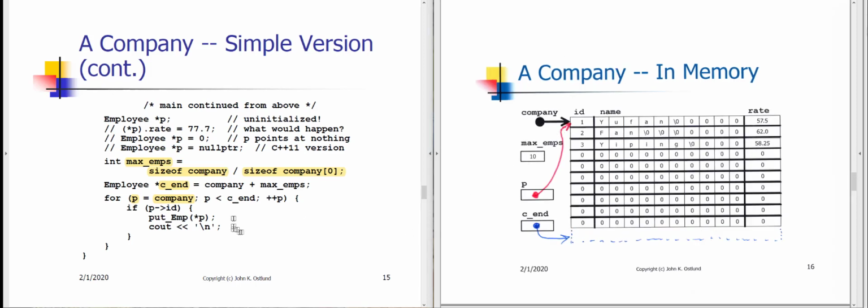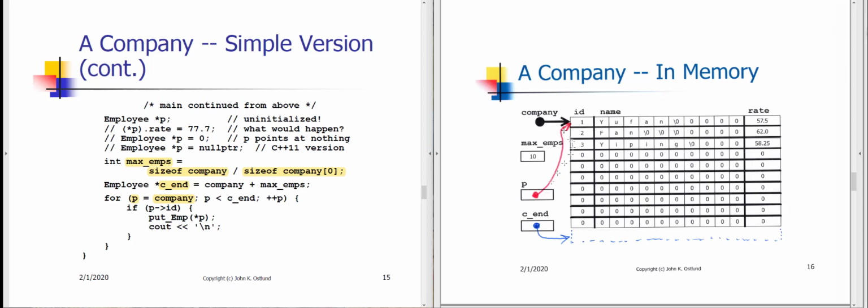And in our for loop, the test is P less than CEnd? Certainly P is less than CEnd, because recall for an array that these are in ascending memory locations. So because P is less than CEnd, we're going to evaluate P arrow ID.